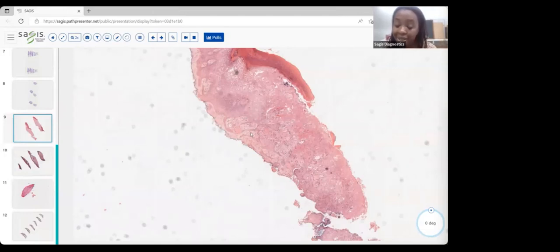But I also want to make a side comment, and I don't have an example of monkeypox, but just talking about the pox viruses in general, vaccinia, smallpox, and monkeypox, you're going to get the very similar scenario where you have these areas of profound edema, intercellular and intracellular, resulting in this balloon degeneration and the reticular degeneration.